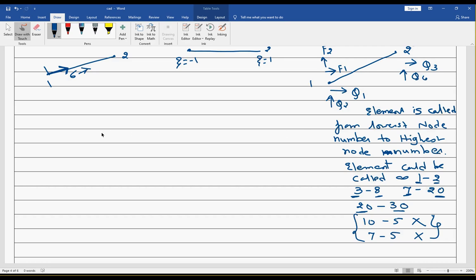Okay, so again now I draw a truss. This is 1 to 2, and let's consider it is displaced somewhere else. This is the displacement. Initially it was at this location, and now it has reached this location.